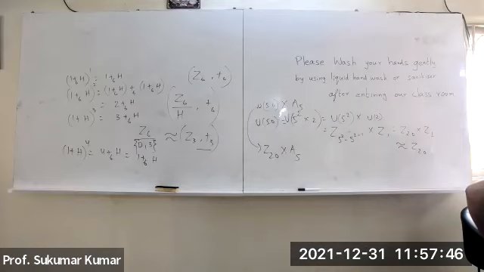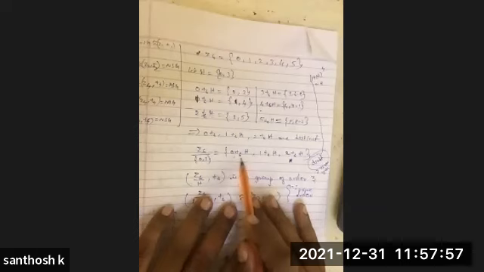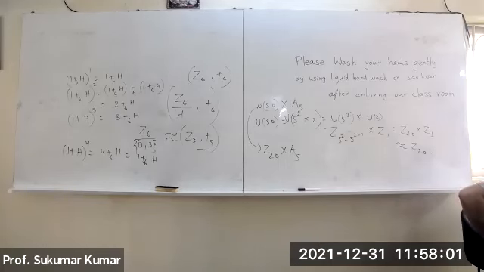Here 0 plus H, here 3 plus H will be equal to 0 plus H. Correct, 0 plus H will be equal to 3 plus H. That means this is the identity, sir? Yes, 0 plus H is the identity.